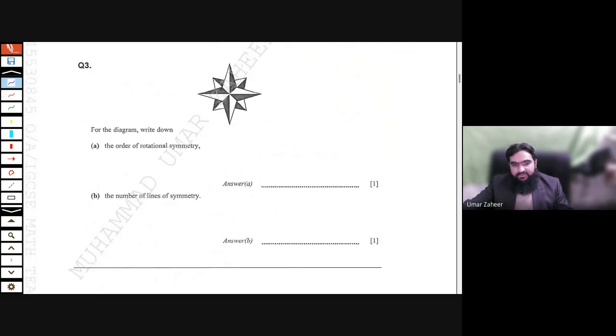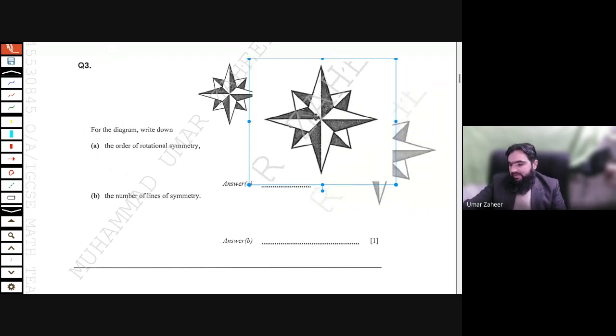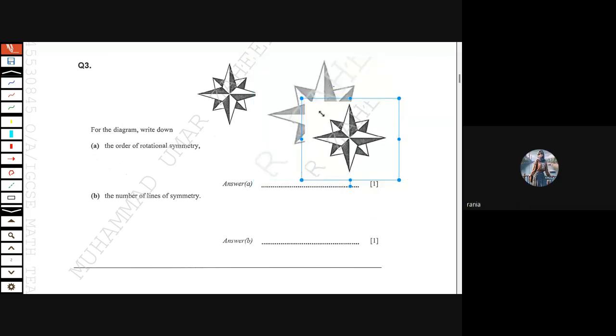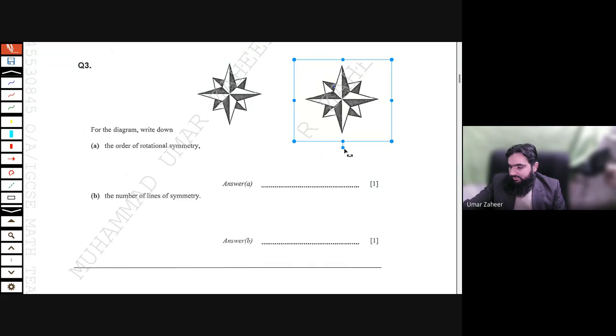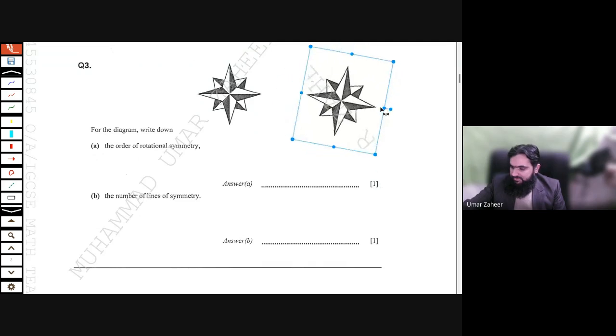All right, the next one is about rotational symmetry. I'm going to rotate this figure in front of you. Sir, is it 4? I'm not sure, let me check.